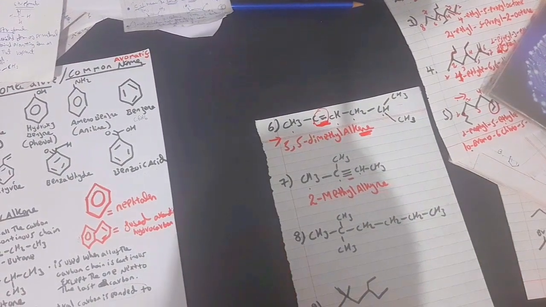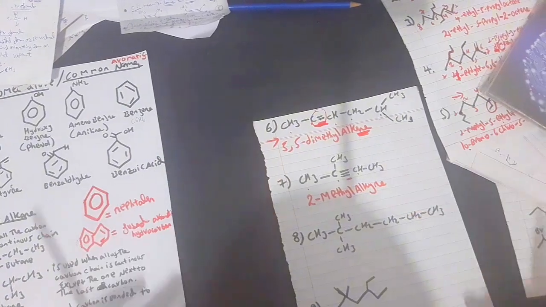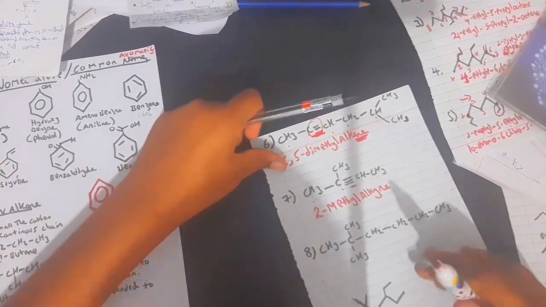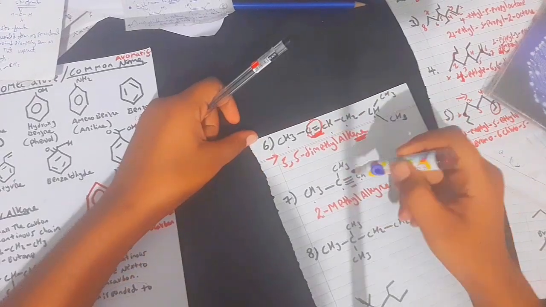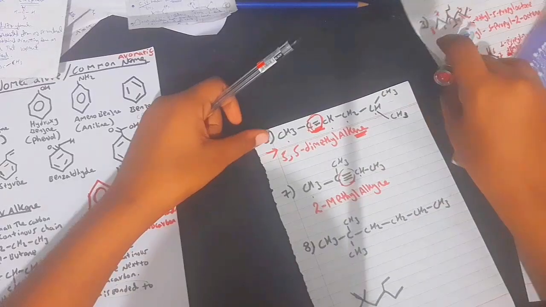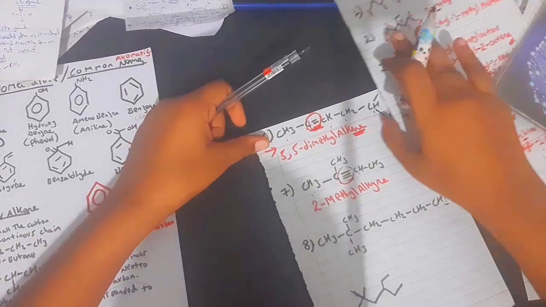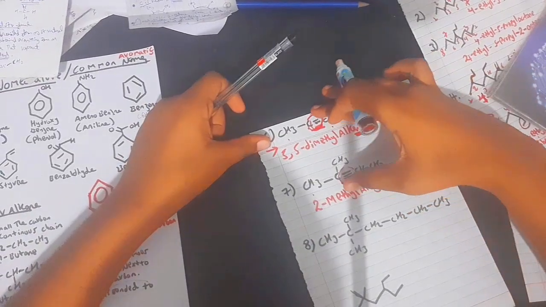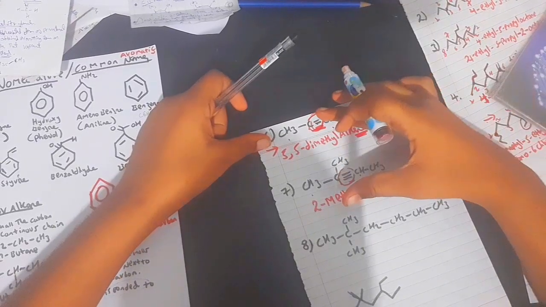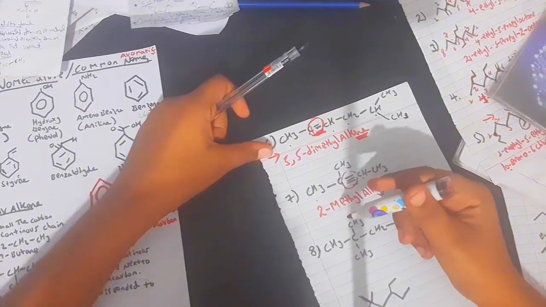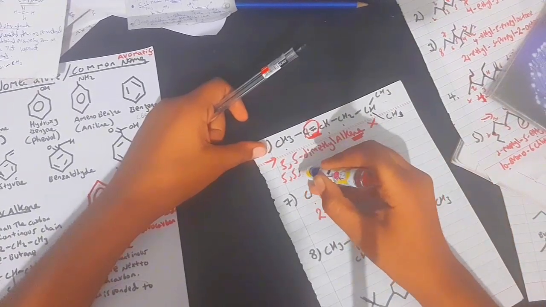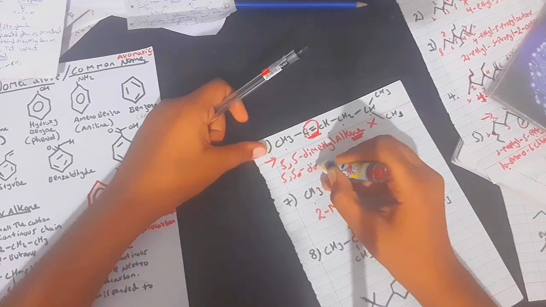But this can't be a complete naming for those two. There is something missing here. As for the double bond and the triple bond, what makes them different from alkane naming is that we need to specify where the double bond or triple bond is positioned. So the correct structure is going to be 5,5-dimethyl.